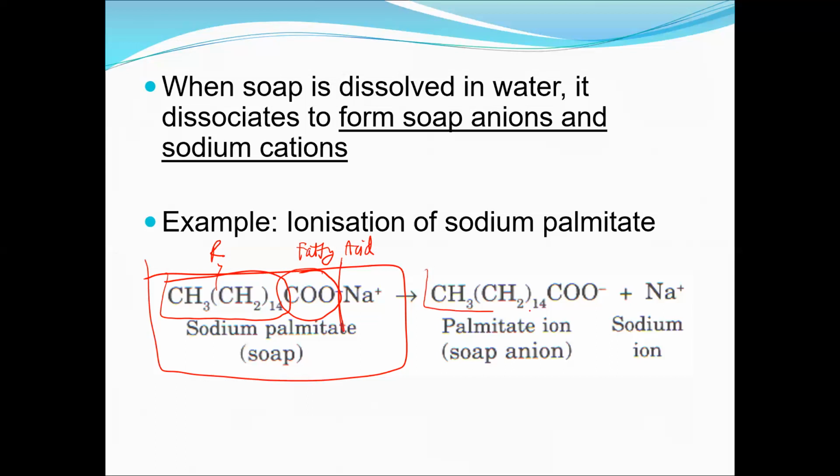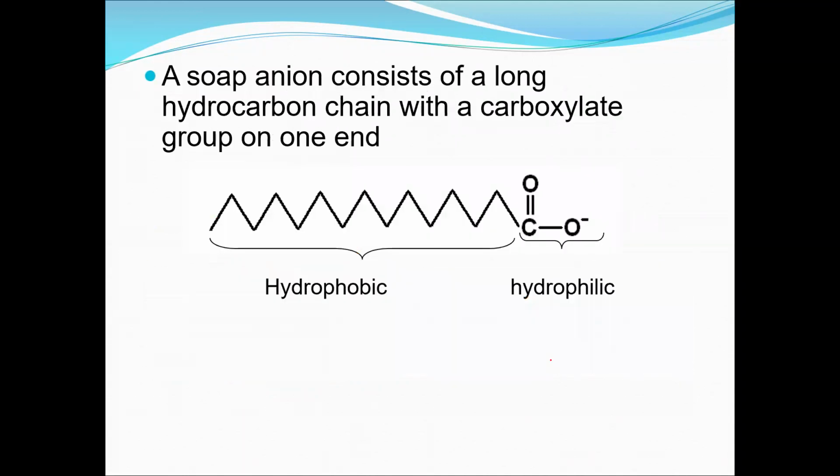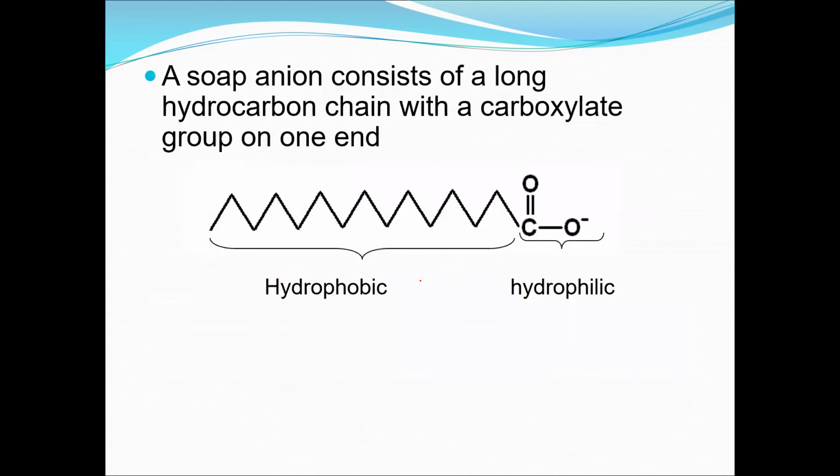This is where we get the anion of the soap and the sodium ion will separate. This is the part that is very useful. Not the sodium ion, not important at all. So this is the one that you must actually understand. This soap anion, all these are actually hydrocarbon. So teacher can draw them like this.